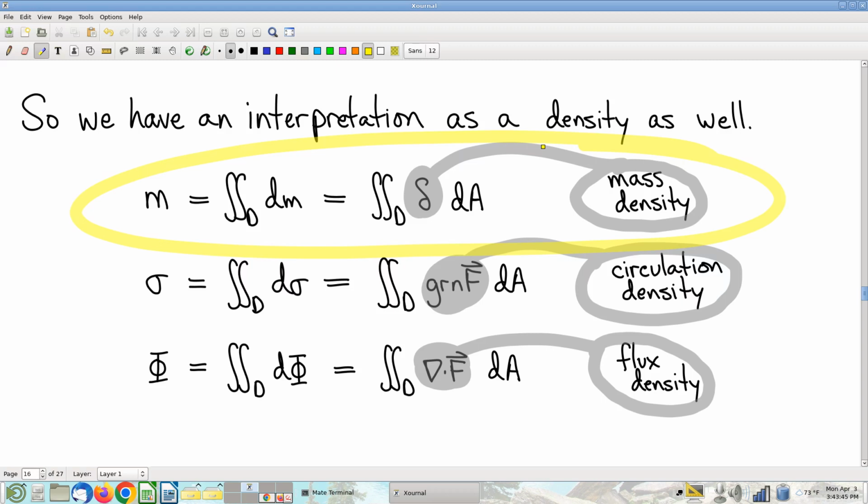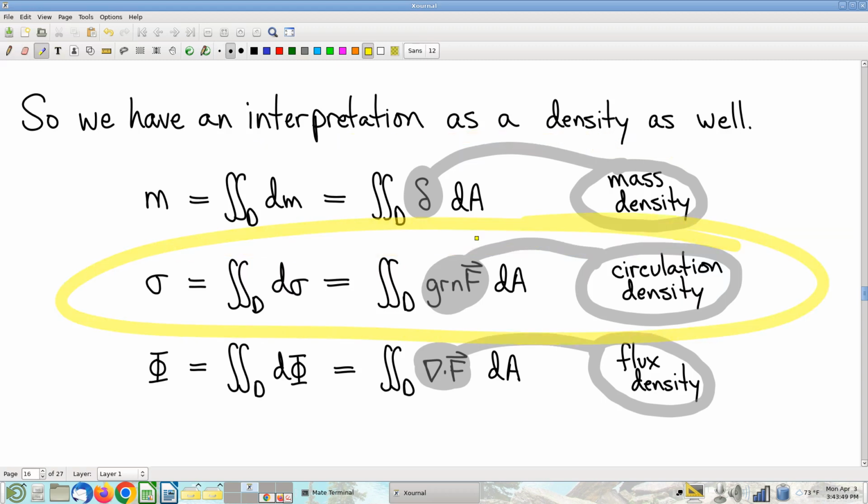And then all of what I just said there also applies to Green's theorem. Circulation is an accumulating quantity. Circulation per unit area, Green's operator, is just circulation density. It's accumulating quantity per unit area, just like mass density is a different accumulating quantity per unit area.